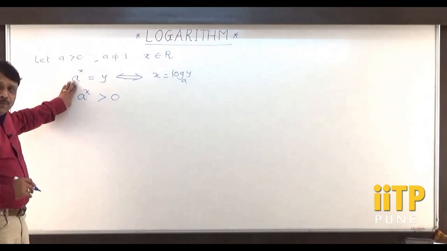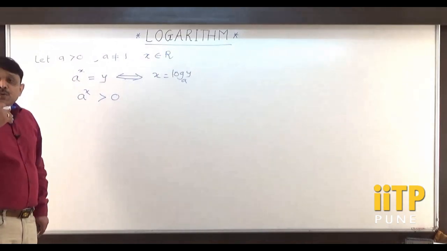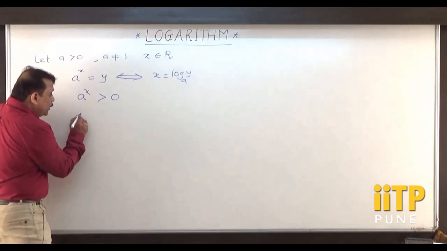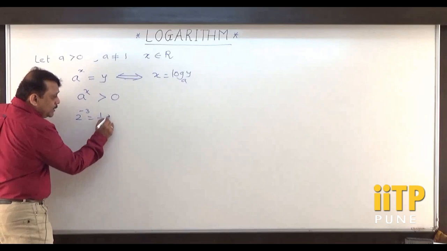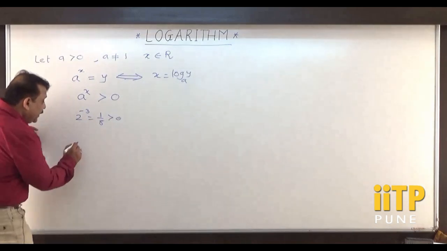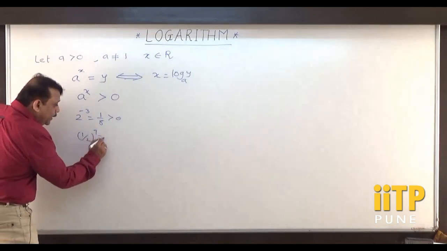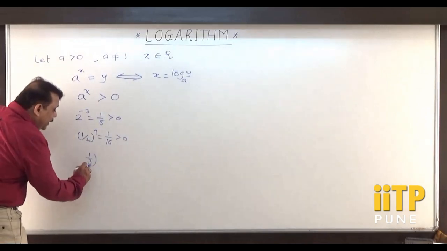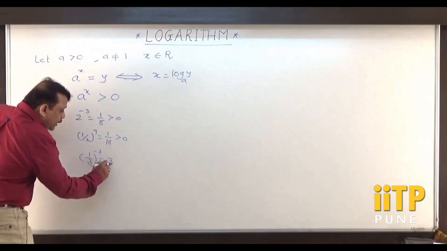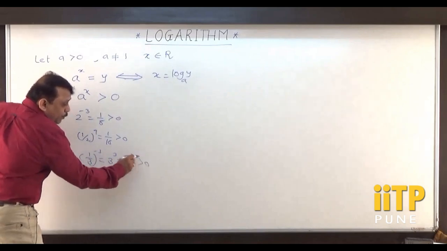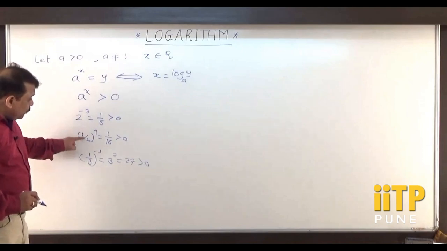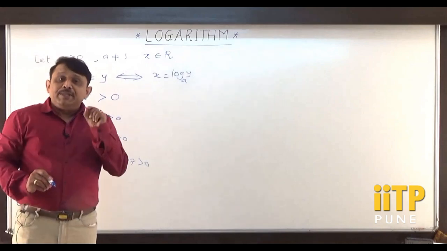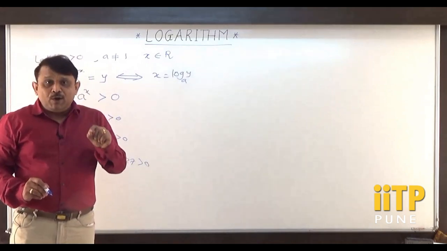Any positive real number raised to any real number is a positive real number. For example, 2 raised to minus 3 is 1 by 8, still positive. Half raised to 4 is 1 by 16, still positive. 1 by 3 raised to minus 3 is 3 raised to 3, which is 27, positive. So any positive base raised to any real number is always positive.